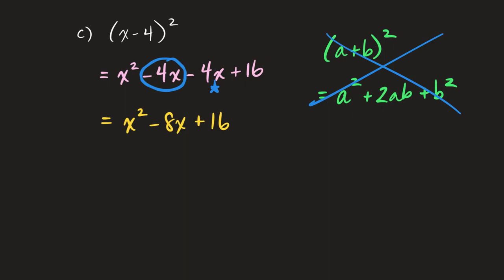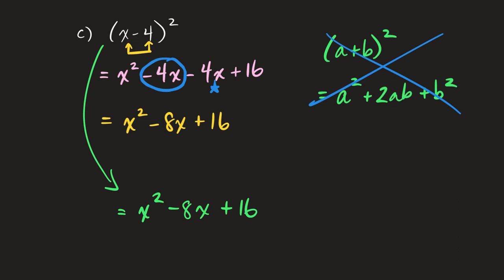So if I was to jump down all the way and tackle question C again, I see that I have to square x minus 4. So I square the first. I now multiply the two things inside together, and I get a negative 4x, double it, negative 8x, and now square the last, square the negative 4.